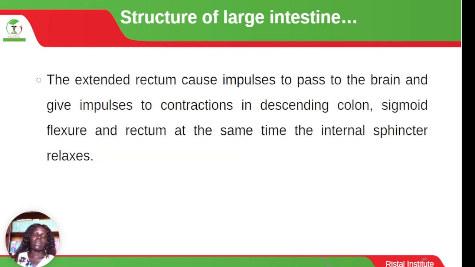The extended rectum causes impulses to pass to the brain and give impulses to contractions in the descending colon, sigmoid flexure, and rectum at the same time, and the internal sphincter relaxes. So when it relaxes, that is when the person will be able to pass out the stools.